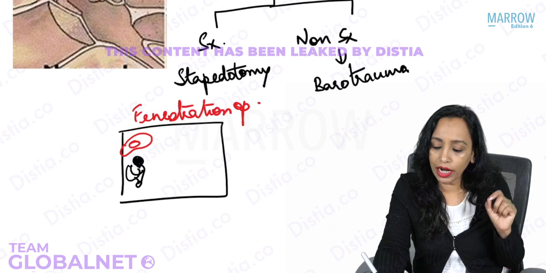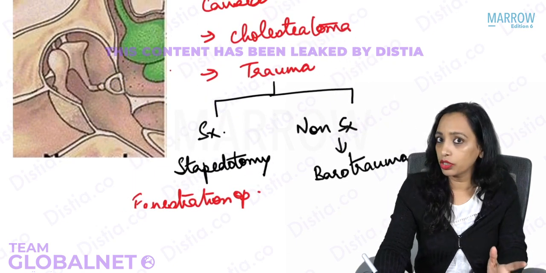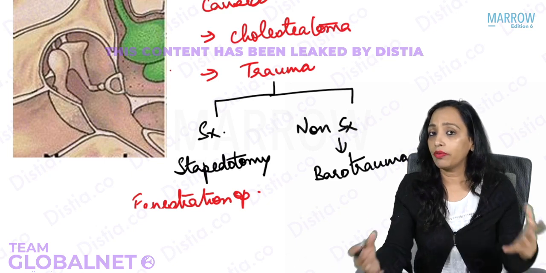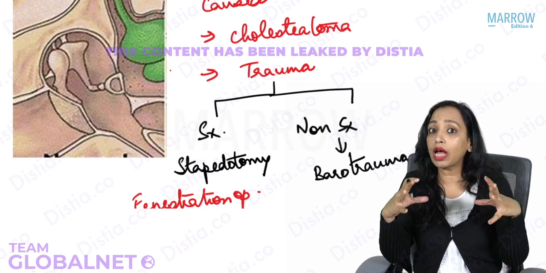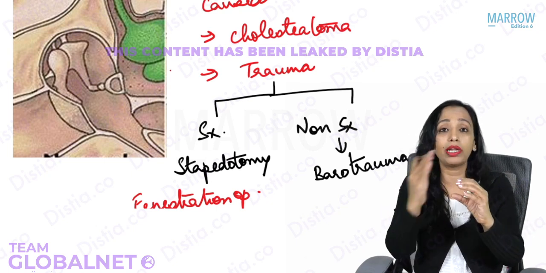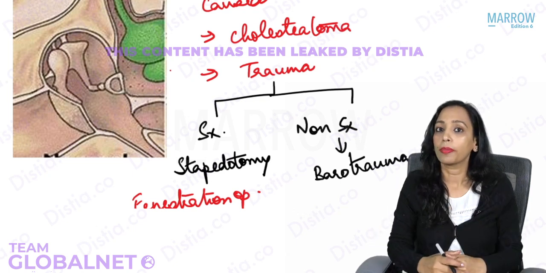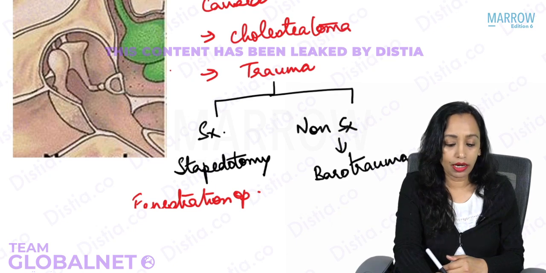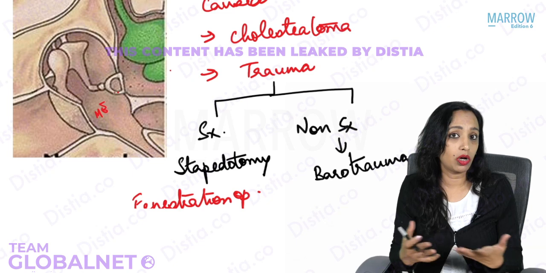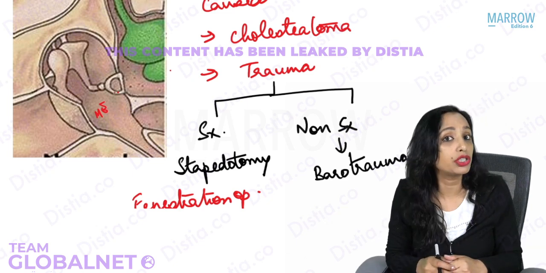So now we know that whenever there is a fistula, what can be the cause of fistula? We know that. Yes, so whenever there is a fistula, now what will happen to the patient? Same. Whenever there is a loud sound, now there is an abnormal or direct communication between the middle ear and inner ear, through which that loud sound can excessively go into the inner ear. When there are pressure changes in the middle ear, same, because of coughing, because of sneezing, because of lifting heavy weights, all this will excessively go into the inner ear and that will lead to vertigo.